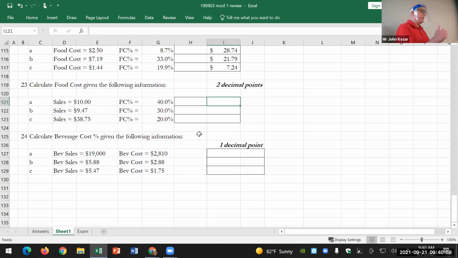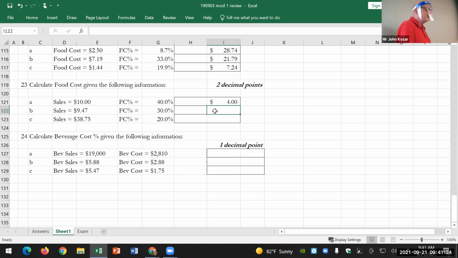Okay, so we're going to multiply these two numbers together. The sales price times the food cost percentage. And that comes out, the first one is $4. And that's 40% of $10.